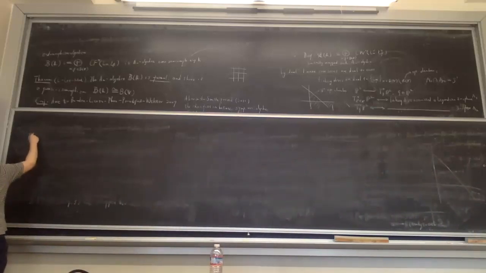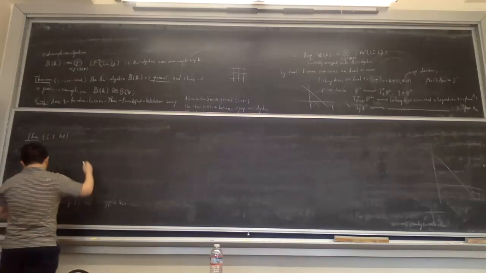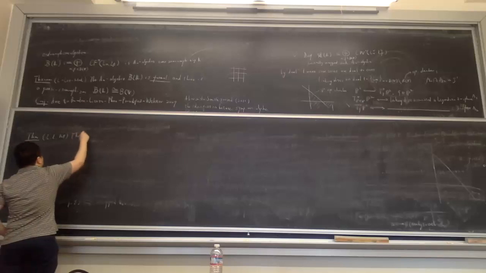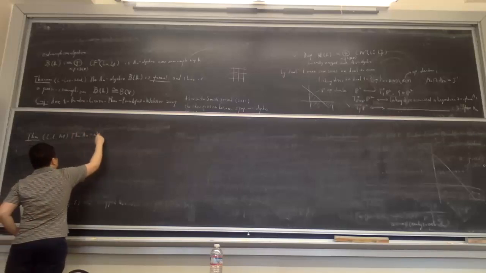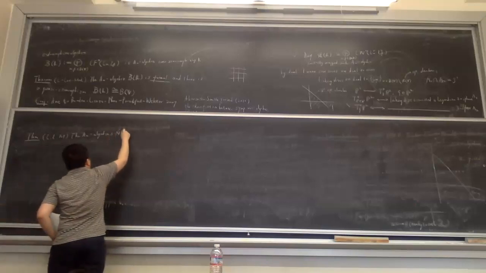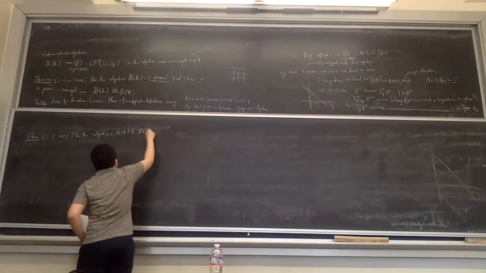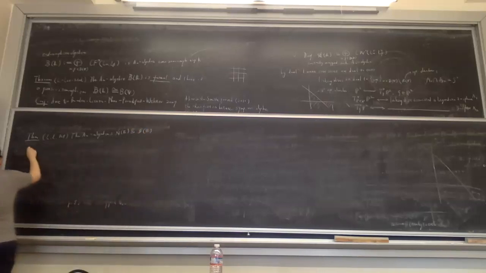Theorem: the A infinity algebras A^air and B^air are Koszul dual.